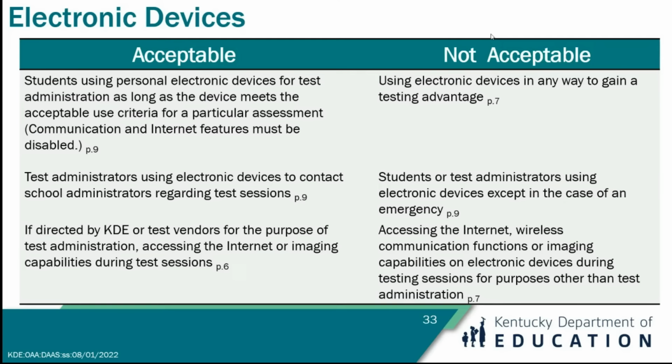Online testing provides a secure browser to prevent accessing other parts of the internet, therefore not allowing a student to gain an unfair advantage during testing. Students should not have access to electronic devices until all testing in the building is completed to ensure the students are not communicating with others in a testing session.